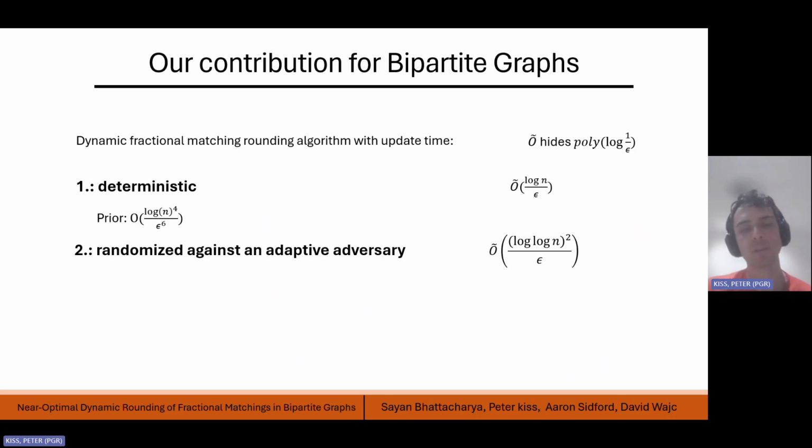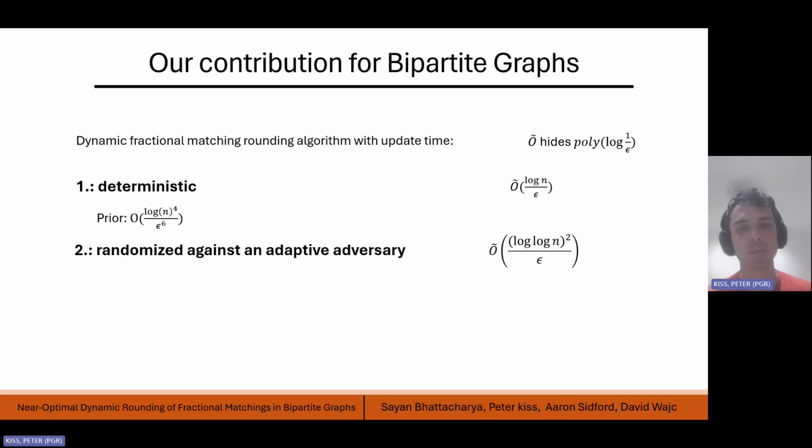Now, an adaptive adversary is defined to be an adversary which is aware of our internal random bits. That is, updates happening might depend on not just previous updates, but whatever the algorithm has chosen to do and how it managed to generate its randomness.